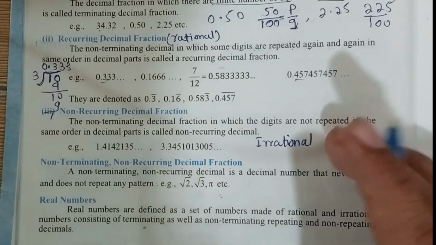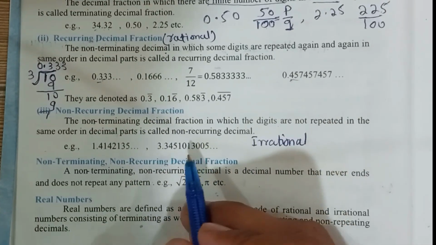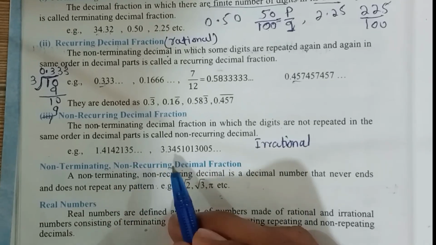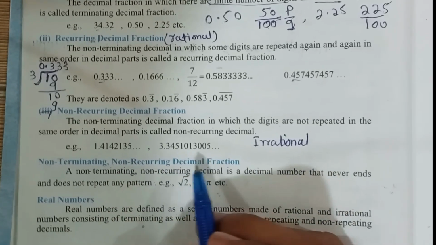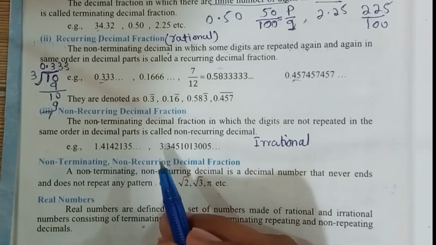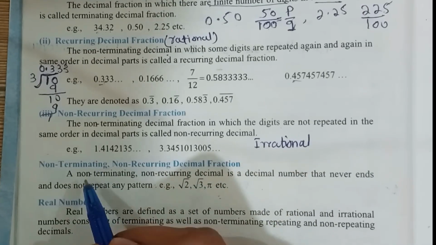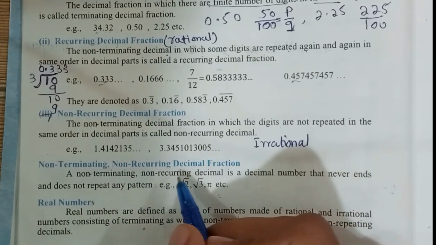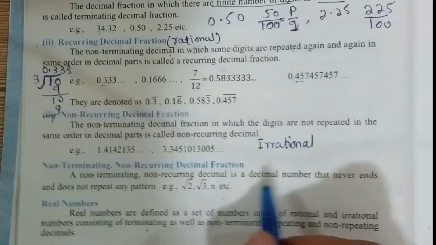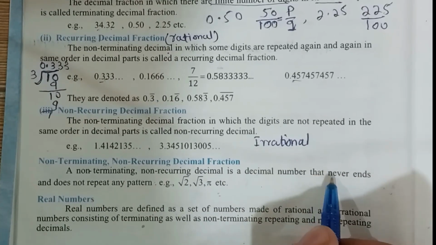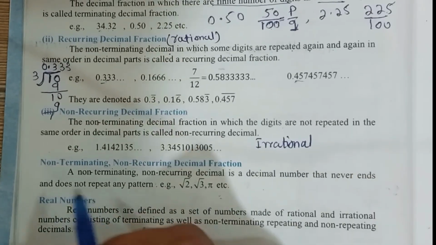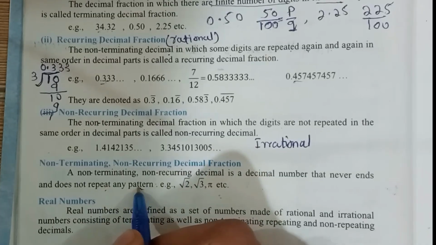Another type of decimal fraction is non-terminating and non-recurring decimal fraction. It is also irrational. How come it is irrational? A non-terminating and non-recurring decimal is a decimal number that never ends and does not repeat any pattern.